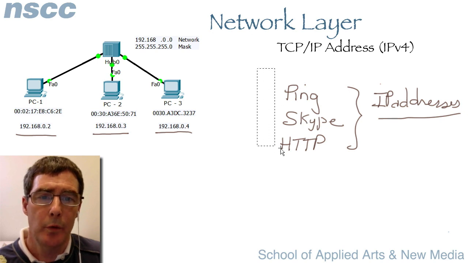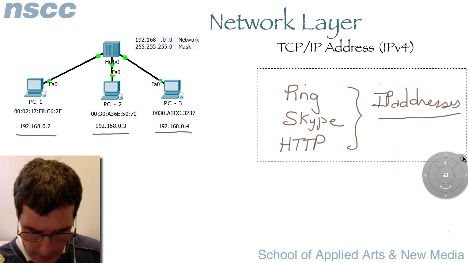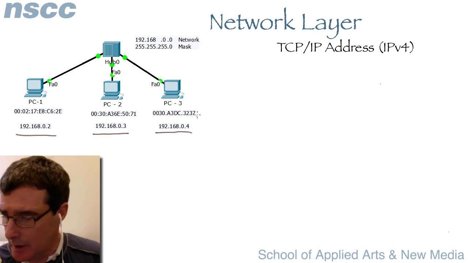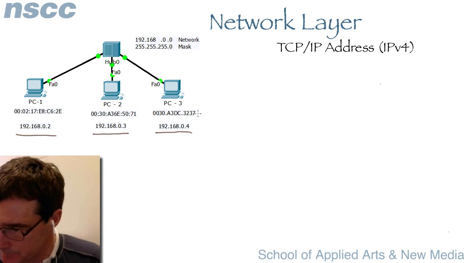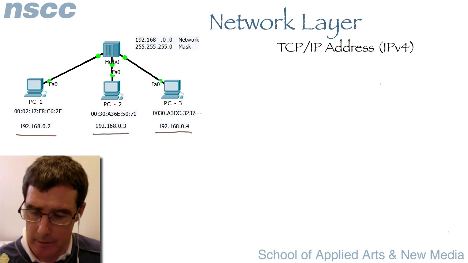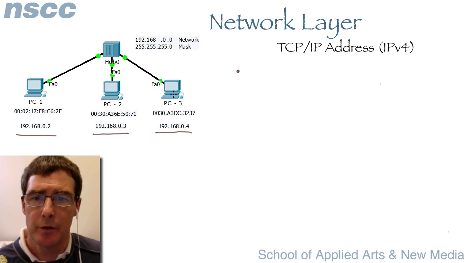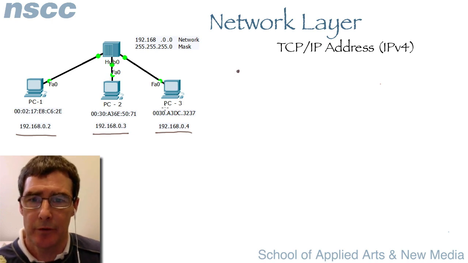Now, why do we use IP addresses? And what we're talking about here is IP version 4. We won't be talking about IP version 6. IP addresses were invented because it was very difficult to determine addresses, MAC addresses especially, for machines which are on distant networks.